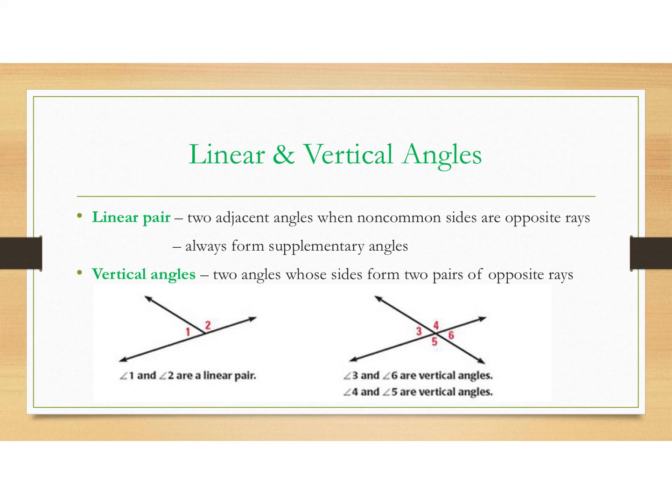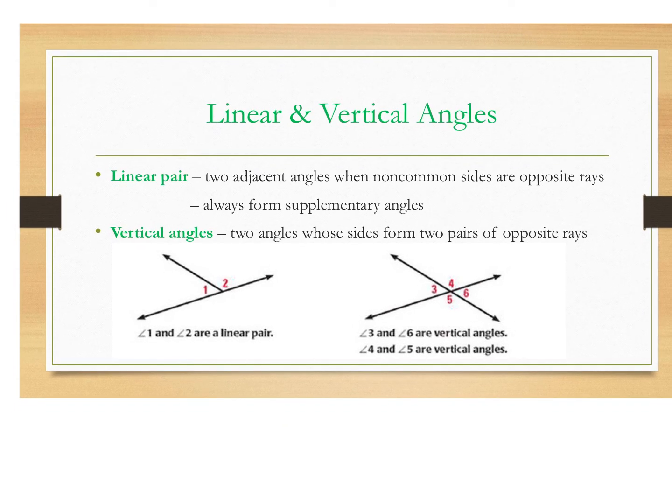So let me show you the linear pair. So if I outline angle 1 in red, and then angle 2 in blue, notice the definition says two adjacent angles. These are two angles that are side by side. When non-common sides are opposite rays.